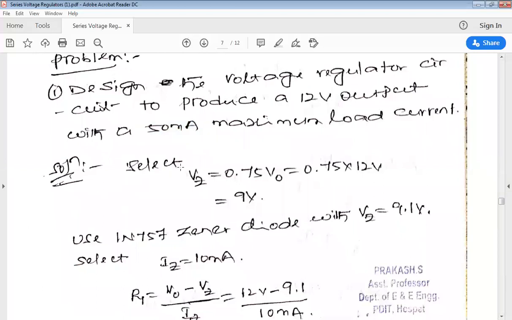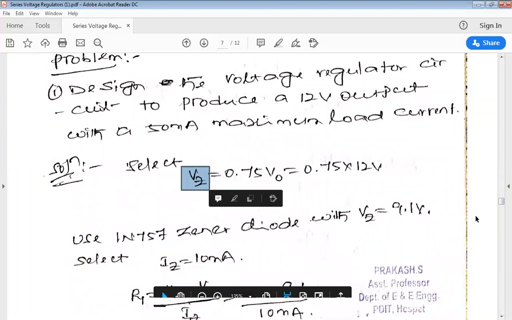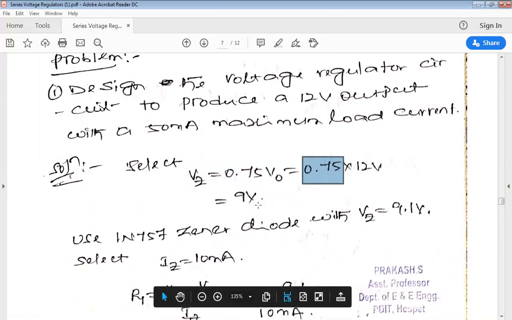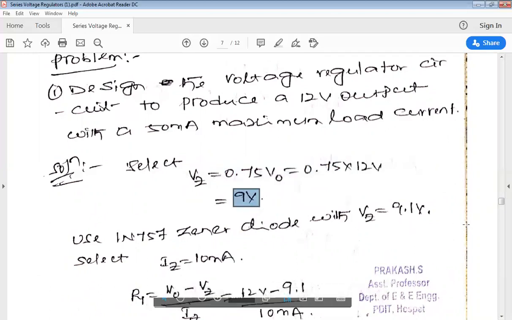In this case, as I considered in the design procedure, VZ should be 0.75 V naught. The required V naught is 12 volts, so 0.75 into 12 volts gives 9 volts. I have to select a 9 volts Zener diode.